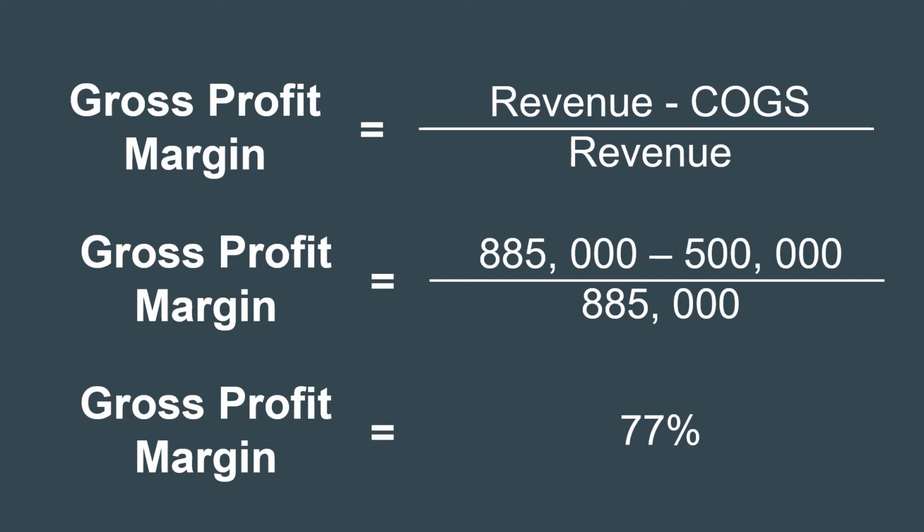We would then take that and divide it by 885,000, which would give us 0.77. We take that 0.77 and multiply it by 100 to show it as a percent. That 77% is our gross profit margin. This means that 77 cents out of every dollar of revenue is retained as gross profit.